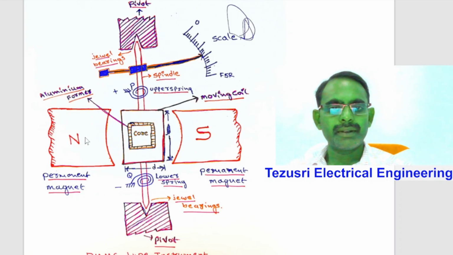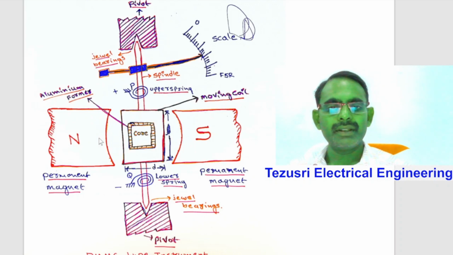Next, permanent magnets. In olden days, long U-shaped permanent magnets having soft iron pole pieces were used.